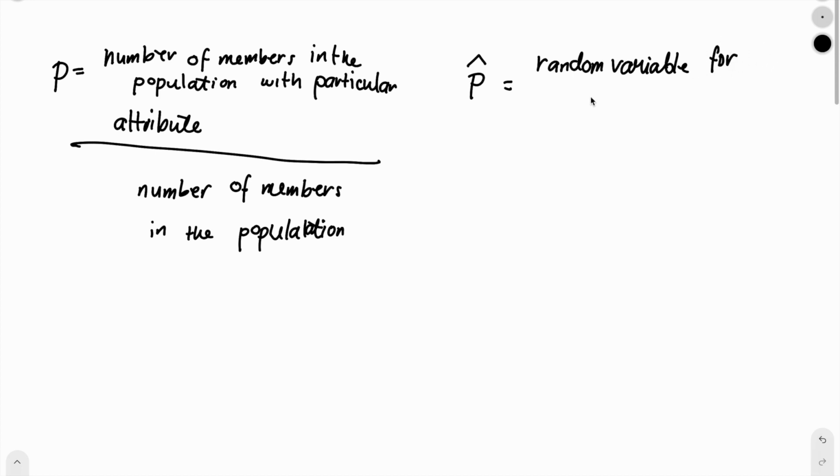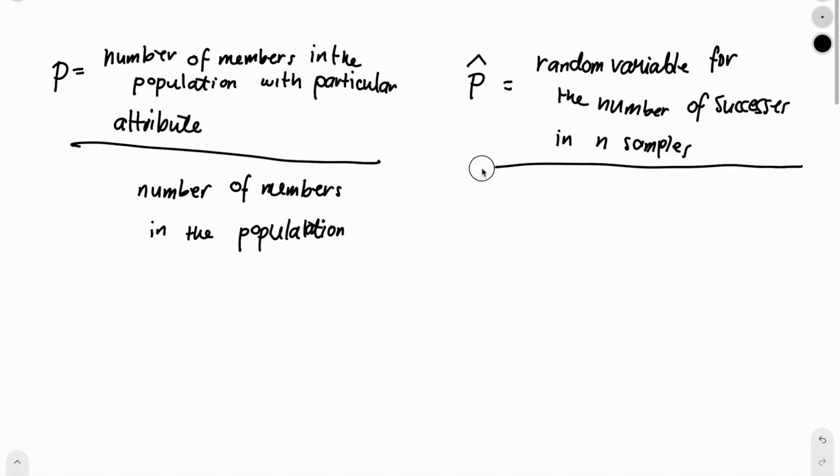Random variable for the number of successes in n samples divided by the number of trials or the size of the sample.